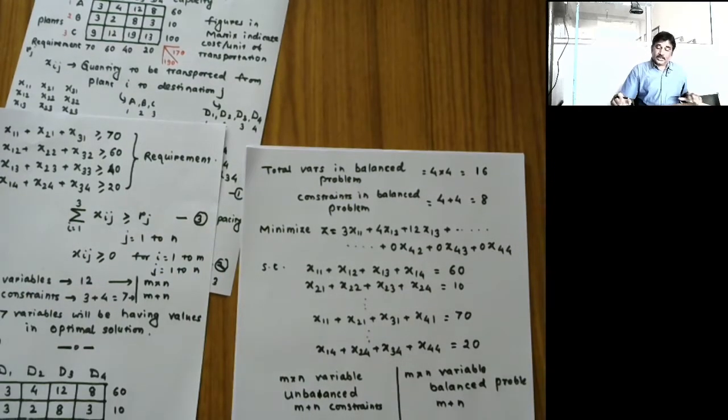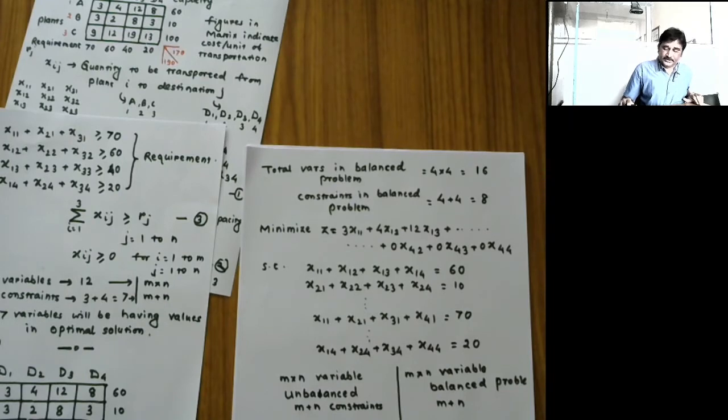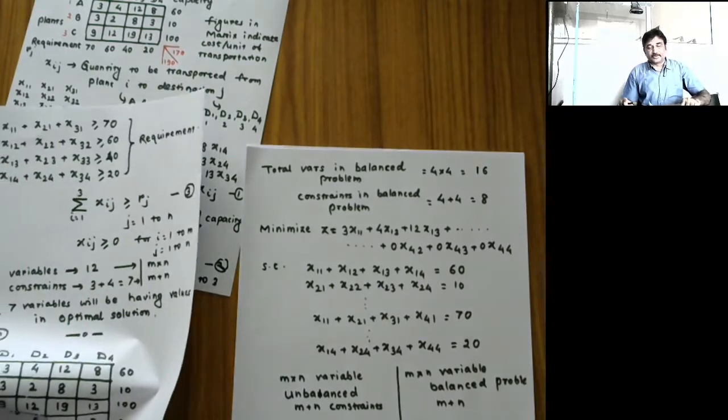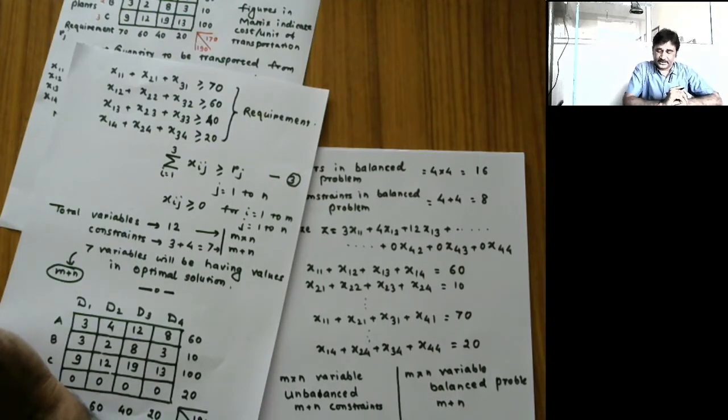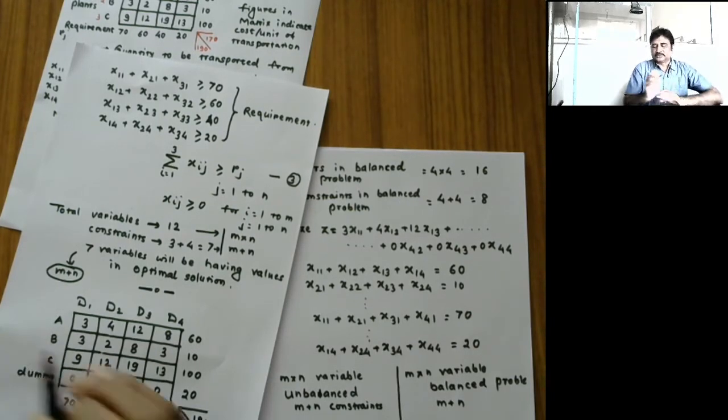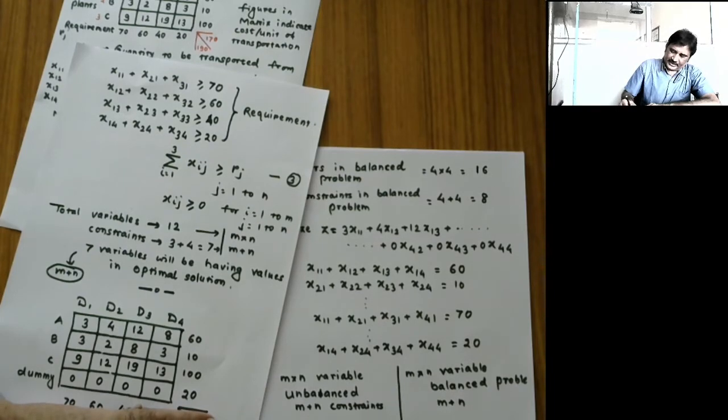But in the unbalanced problem, there will be m plus n basic variables, because per constraint you take one basic variable. If you solve this problem by the simplex method, m plus n variables will have value in the optimal solution.